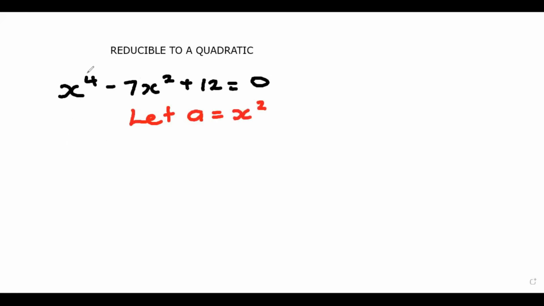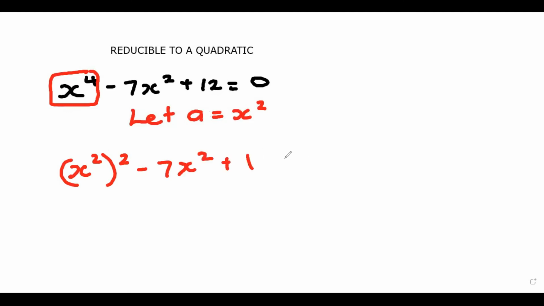So that means this part here is x squared, squared, minus 7x squared plus 12 equals 0. So what this is saying is we have a squared minus 7a plus 12 is equal to 0. So this is now in quadratic form.